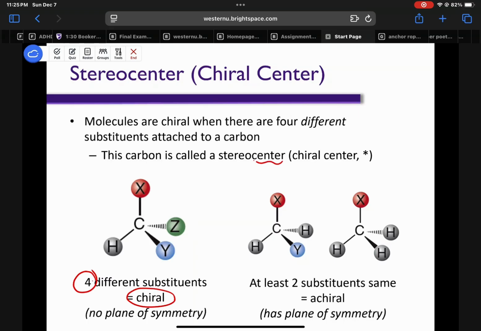And we can classify that as a chiral center or a stereocenter. We put a little star there. Because it's chiral, we know it doesn't have an internal plane of symmetry. We can't cut it in half and reflect half of it.